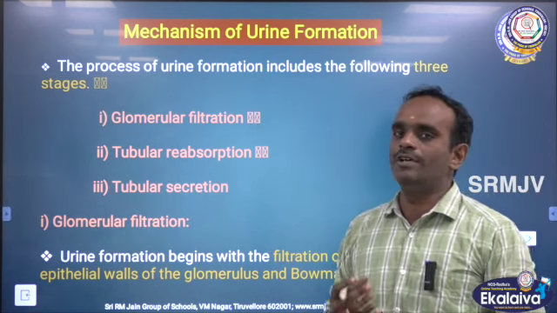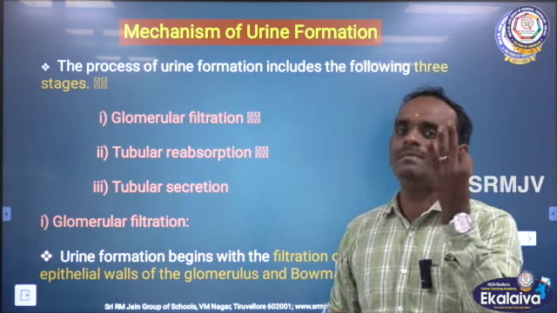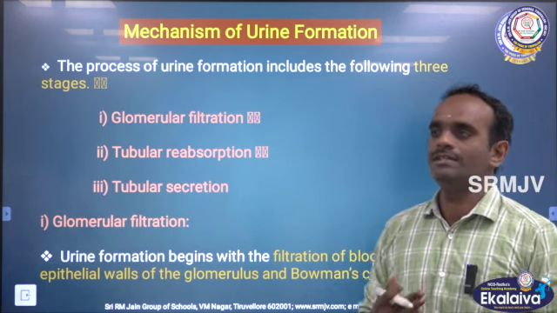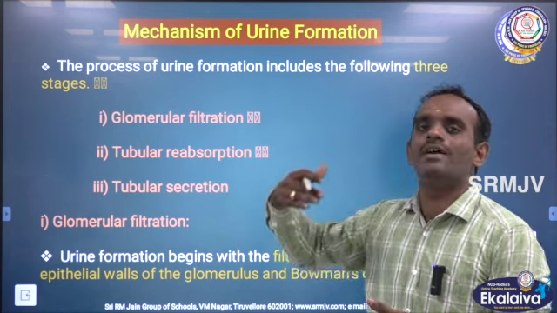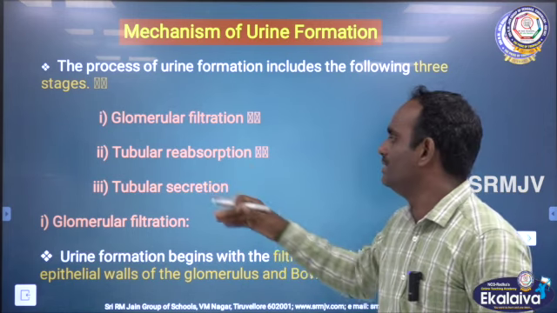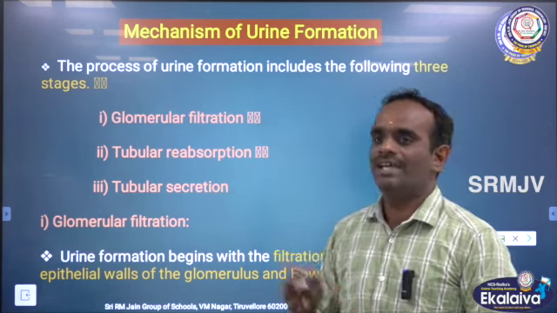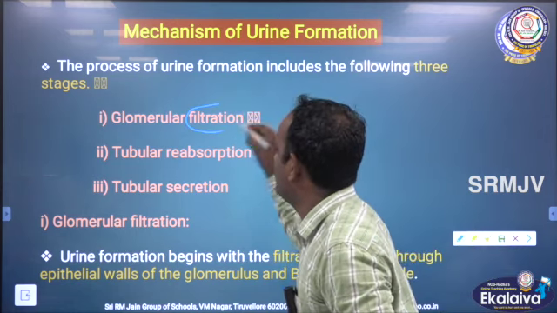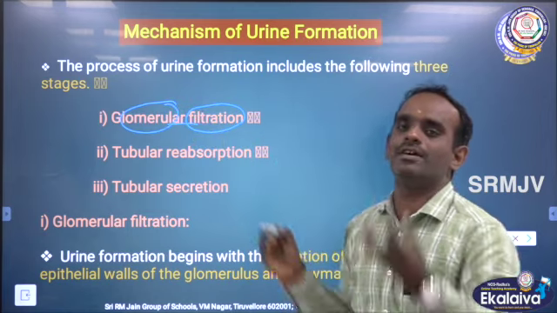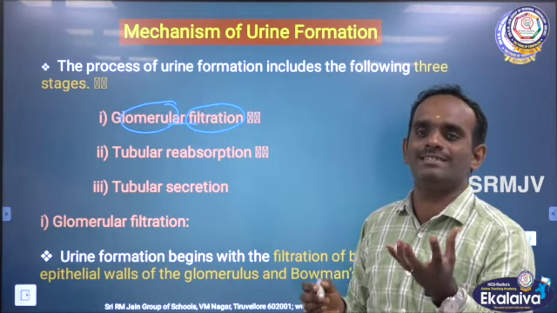The process of urine formation includes three major steps, children. One is glomerular filtration, second one is tubular reabsorption, and third one is tubular secretion. From the name itself, you can easily understand the concept, children. Filtration takes place in glomerulus. What is glomerulus?